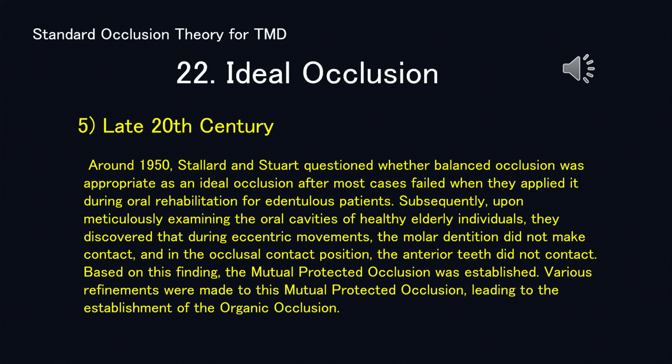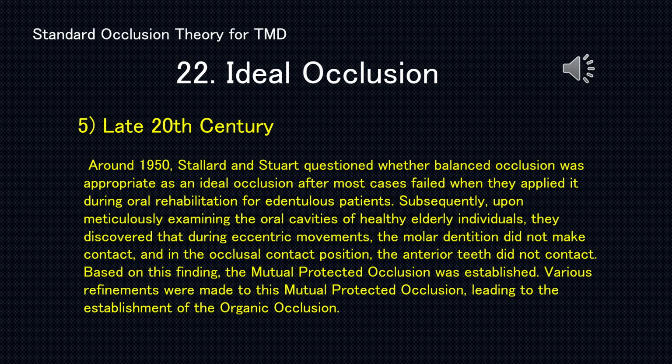5. Late 20th century. Around 1950, Stallard and Stewart questioned whether balanced occlusion was appropriate as an ideal occlusion after most cases failed when they applied it during oral rehabilitation for edentulous patients.